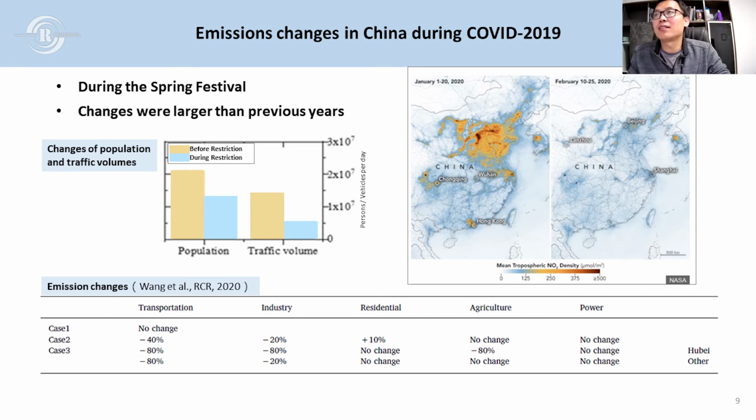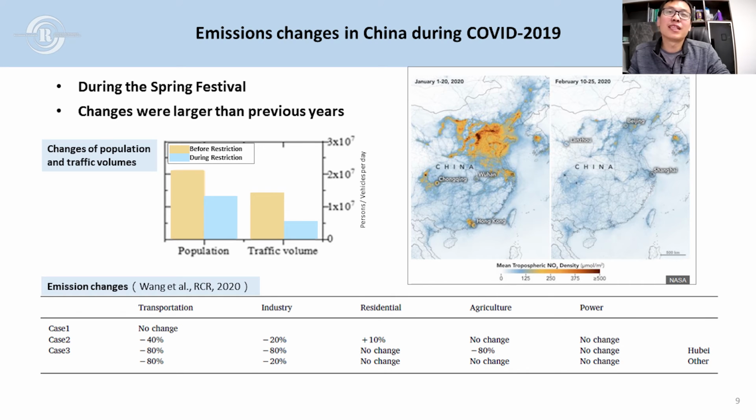Also, there's satellite data that shows the NO2 concentrations from January to February, pre-lockdown and during the COVID-19 lockdown respectively. So all these have been estimated by scientists, and we have applied these factors in our studies to simulate the changes of air pollutants.